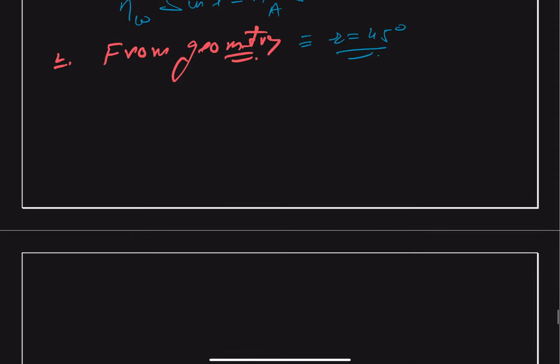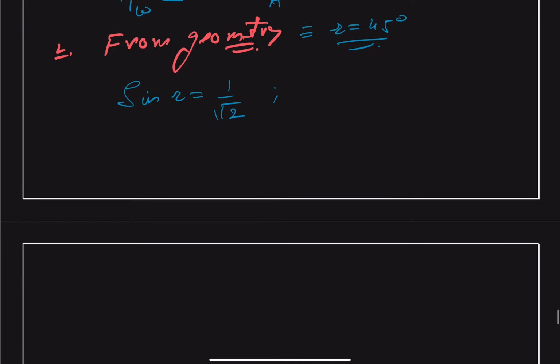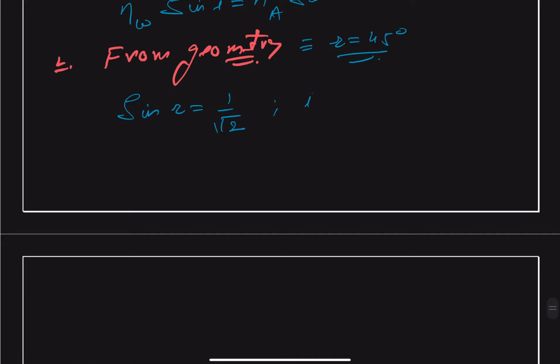So sine of refraction R will be equal to 1 upon square root of 2, and we also know that our incident angle I is equal to tangent inverse of 1 by 2.